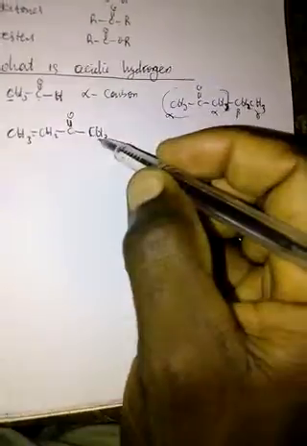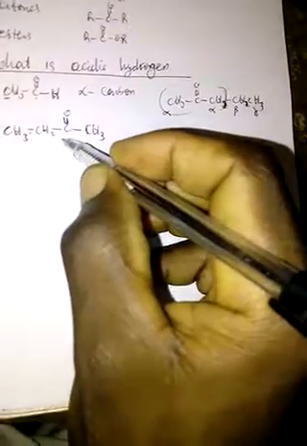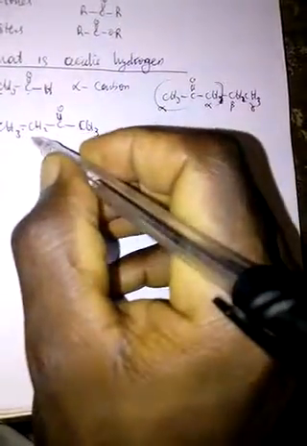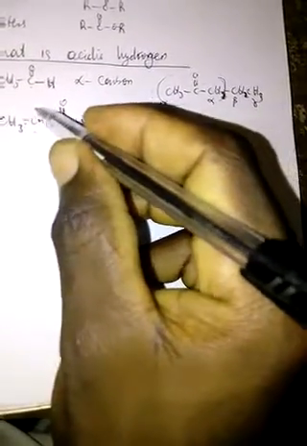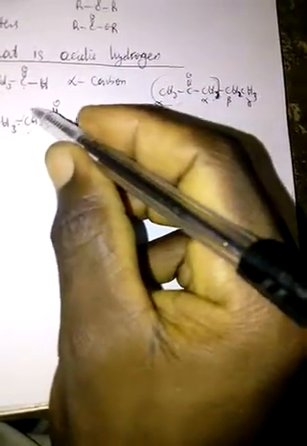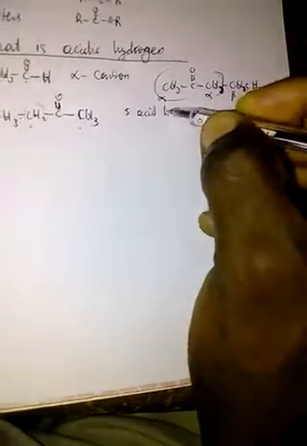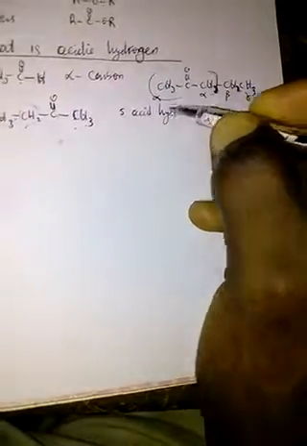This is our alpha carbon that is bonded to the functional group. This is our other alpha carbon. So we count the number of acidic hydrogen here. This is 2 plus 3. That is 5 acidic hydrogen.